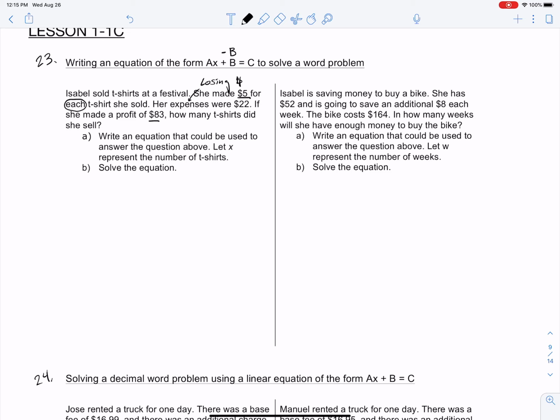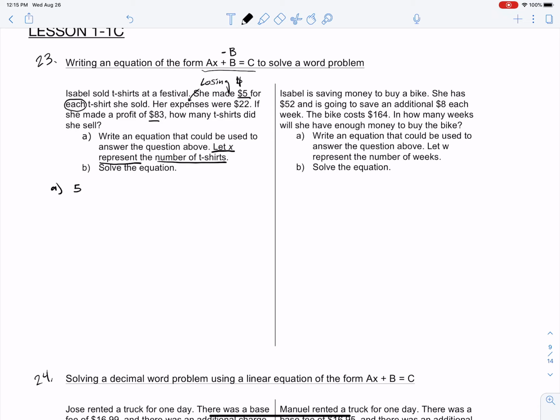Then how many t-shirts did she sell? Now again, part A is asking us to create an equation, meaning we'll need an equal sign. But it gave us what the equation will look like up here, the ax plus b equals c. Well, it says she made $5 for each shirt. It said let x represent number of t-shirts.